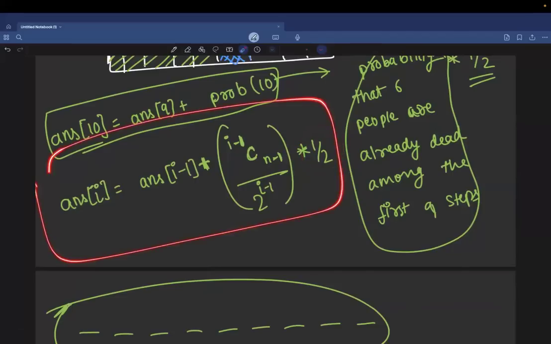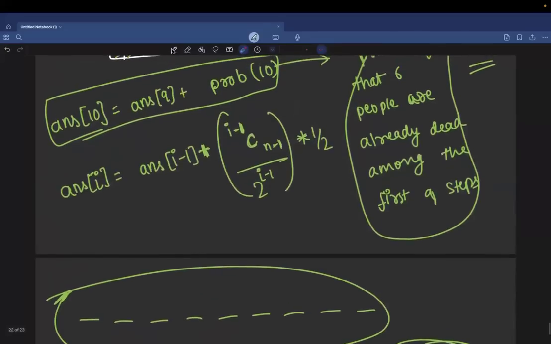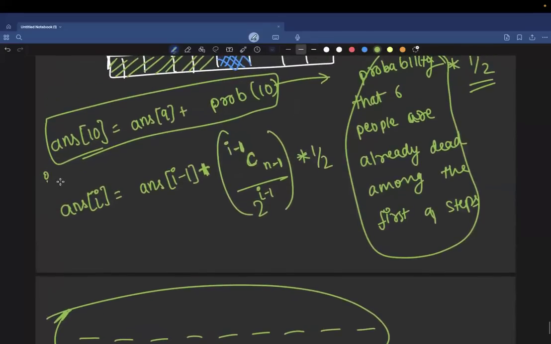So this was the formula I got, and it is valid only when I is greater than or equal to n.